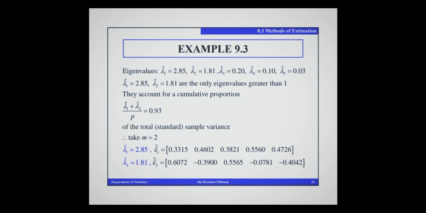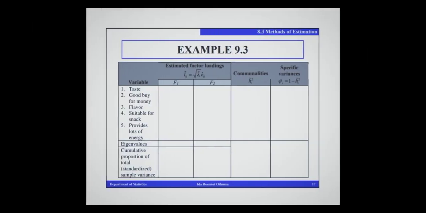Okay, so from the information juga we have this normalized eigenvector for lambda 1 and lambda 2. So we can create this table. Sebenarnya kita nak cari the residual matrix, kita nak tahu whether this model can be used to represent the data.